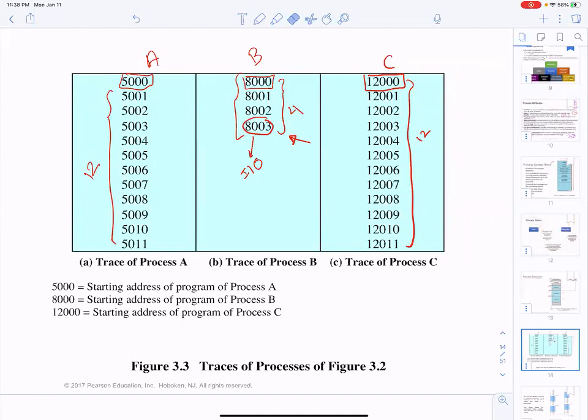That's why we have limited process B to only 4 instructions. So the process will wait. Now what would happen? Which process will be resumed next? That will define the behavior of the process as well as the behavior of the processor.